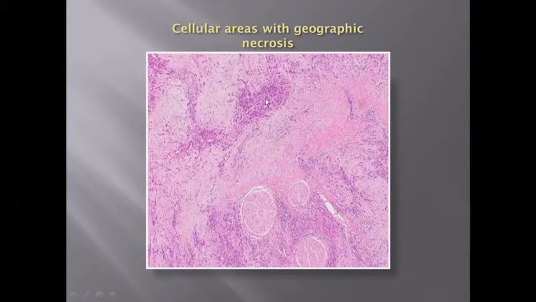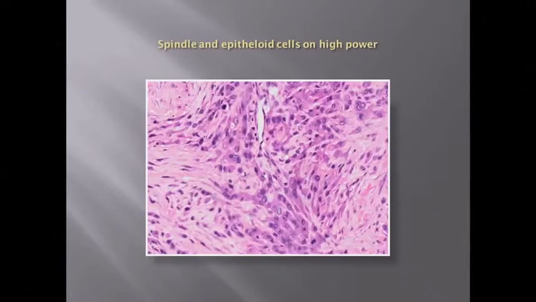There it is. So you have the cells here, but irregular geographical necrosis of the tumor. Again, the cells show spindle cells as well as epithelioid looking cells, and they have moderate nuclear pleomorphism.